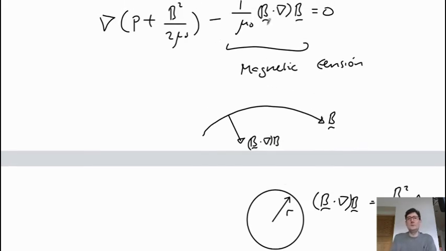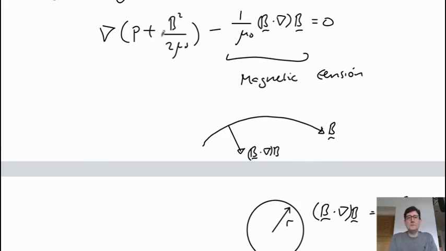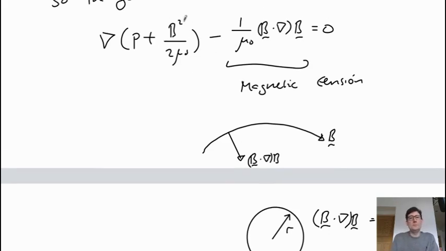And so this provides an additional pressure. Here this would be negative, and so we have a plus B squared. So this is the tension term that you find in the Z pinch. And so in general, for all configurations in ideal MHD, there's a combination of magnetic pressure and magnetic tension which balance the fluid pressure.